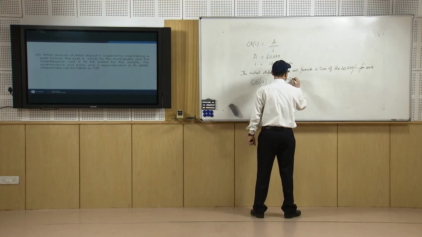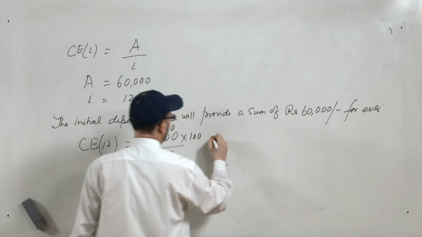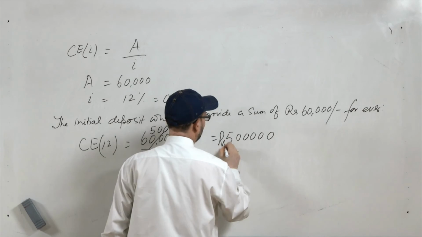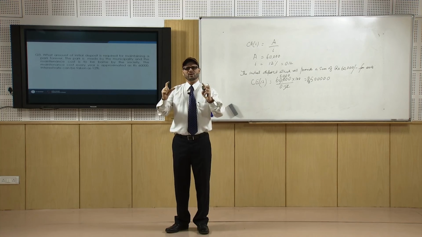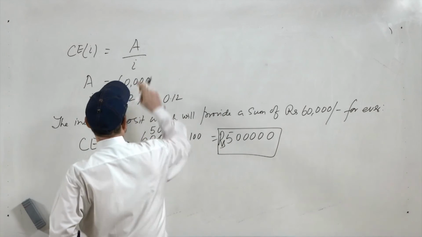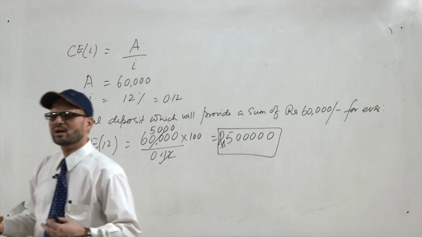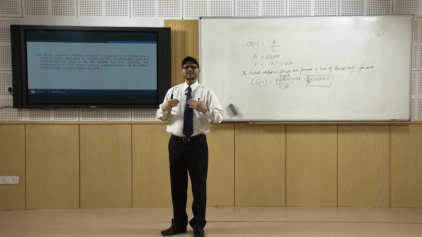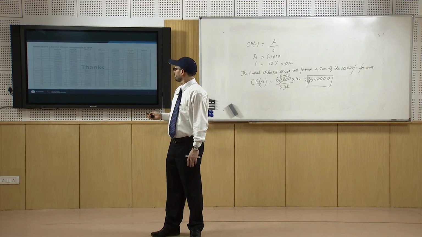So, this comes out to be rupees 5 lakh. If there is an initial deposit of this amount, it will give you an interest of rupees 60,000, which will be used for maintaining the park forever. So, such problems you need to solve frequently and you will get more control over solving these problems. Thank you.